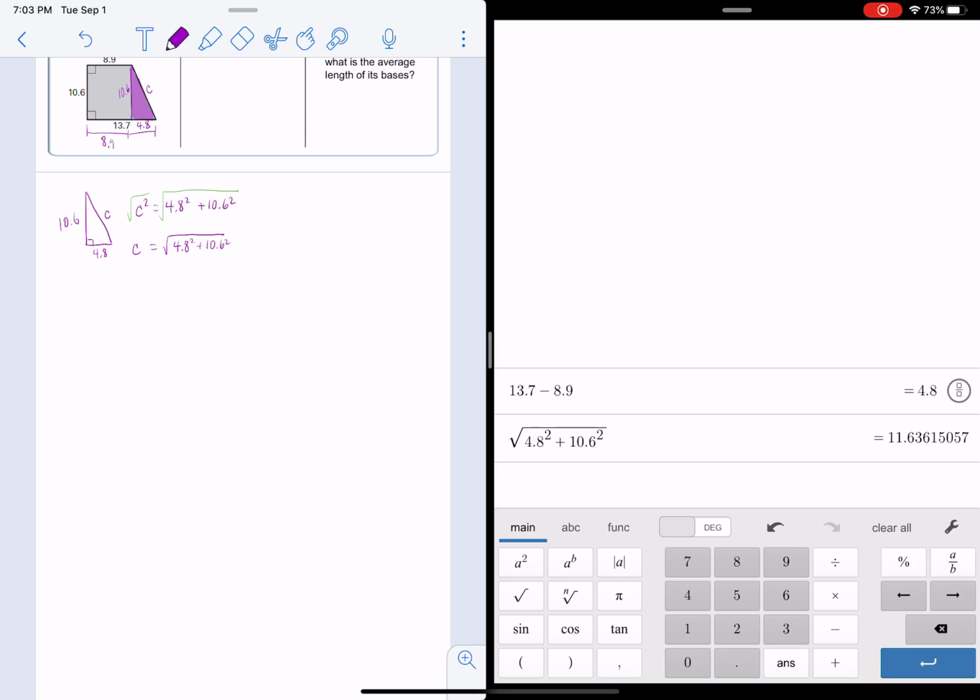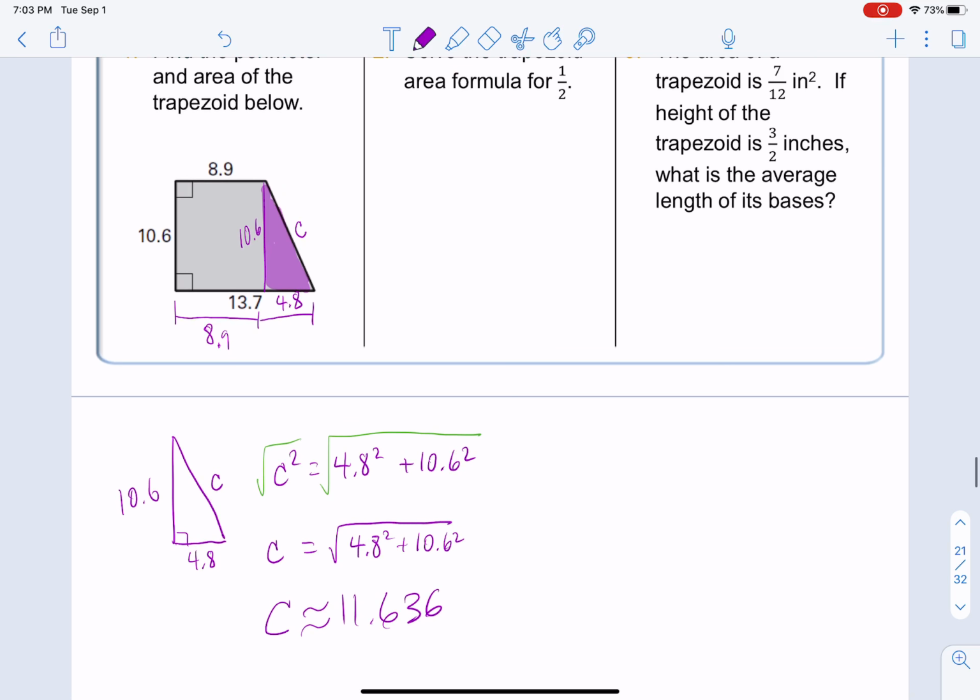All of those things kind of clue me into the fact that this is irrational. And the best I can hope for here is just a decimal approximation. So I'm going to just chop this off at, say, 3 decimal places and say that C is approximately equal to 11.636. Okay? Now I am finally ready. I'm going to get rid of this.